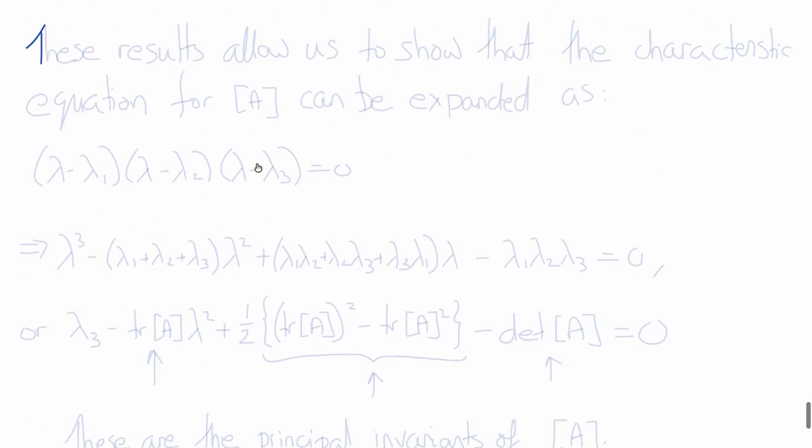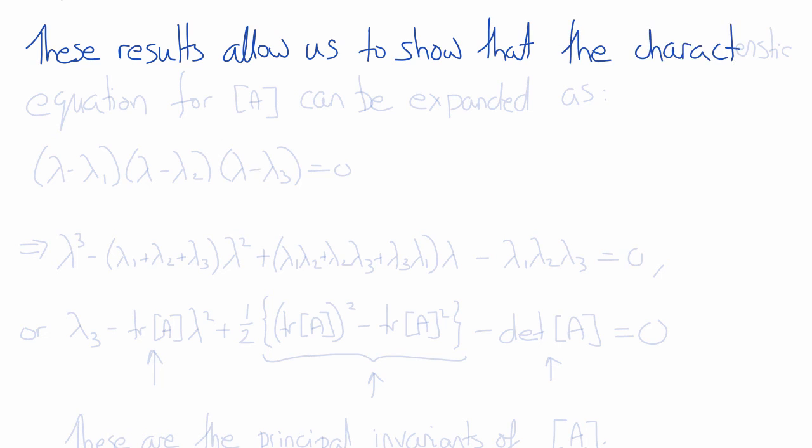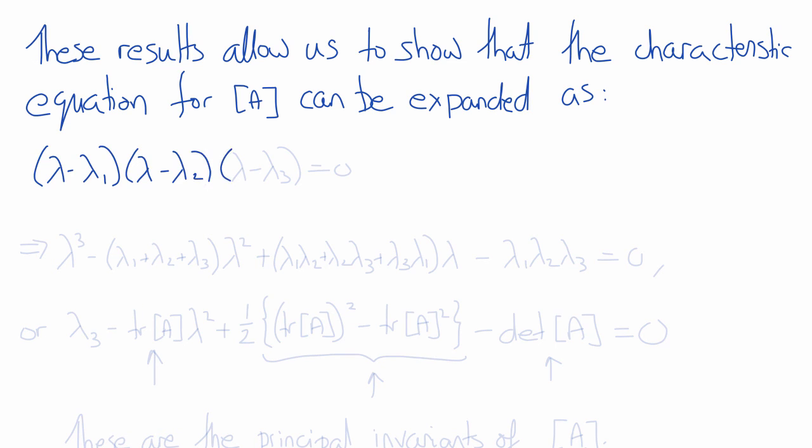These results in turn allow us to show that the characteristic equation for A, that cubic equation, can be expanded to lambda cubed minus lambda 1 plus lambda 2 plus lambda 3 times lambda squared plus lambda 1 lambda 2 plus lambda 2 lambda 3 plus lambda 3 lambda 1 times lambda minus lambda 1 times lambda 2 times lambda 3.